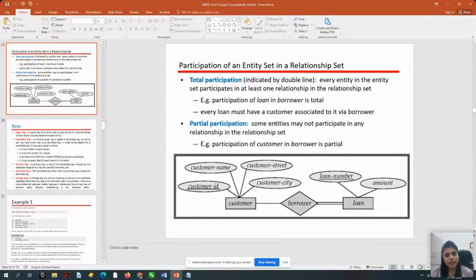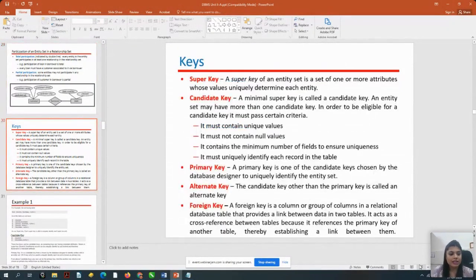If it is total, then it is represented by the double line. If it is partial, then it is represented by the single line. Then various keys, and we have understood them through various examples: super key, candidate key, primary key, alternate key, and foreign key. These terms we would be constantly using in the database.